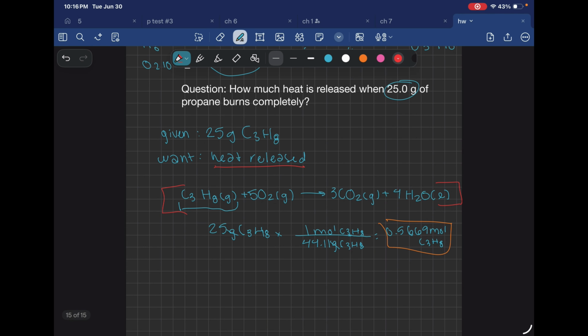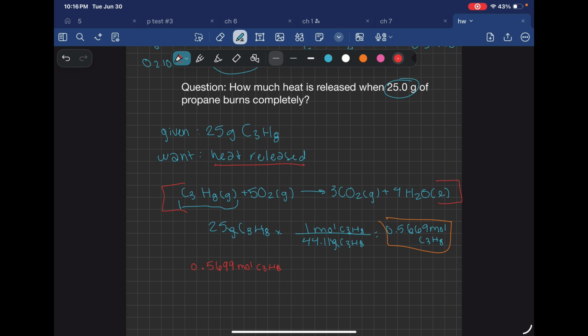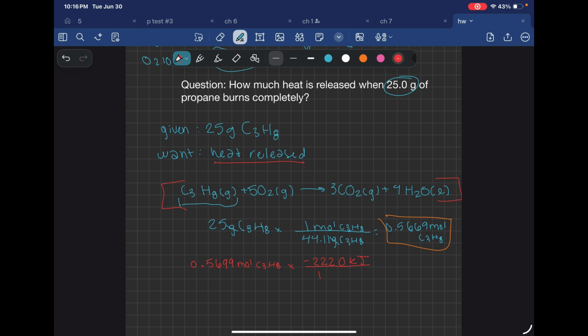Let's grab down our 0.5669 moles of C3H8 times our negative 2,220 kJ divided by 1 mole, because we have to cancel out these units of C3H8.